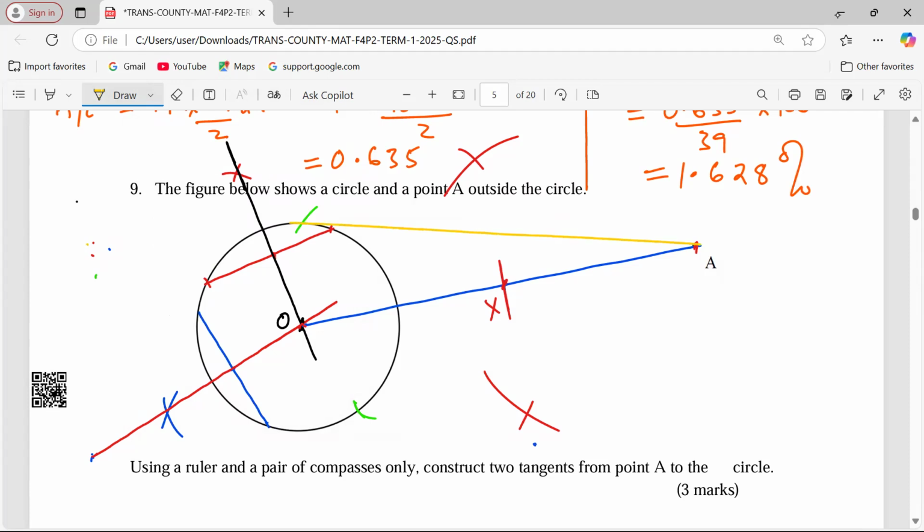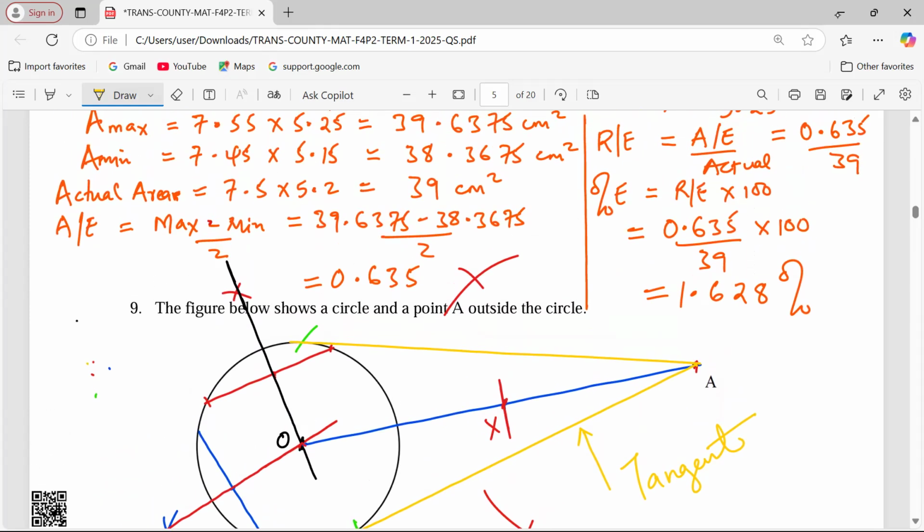So that is a tangent. Then using the other side, that's also a tangent. So we are having two tangents. The yellow line is the tangent now. That is the tangent. And also this one is a tangent.